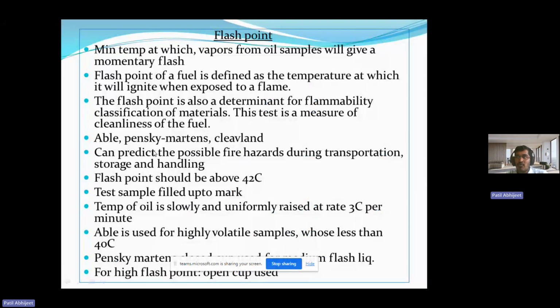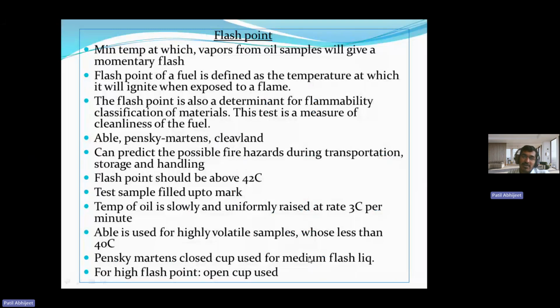Because many times oils form black colored fumes, which are very dangerous, the tendency of a fuel, its cleanliness, is also determined based on the flash point.